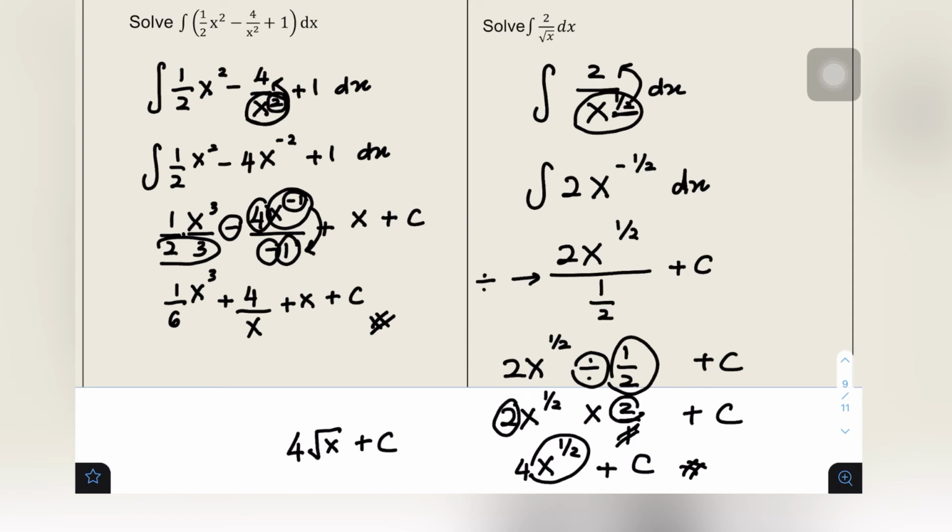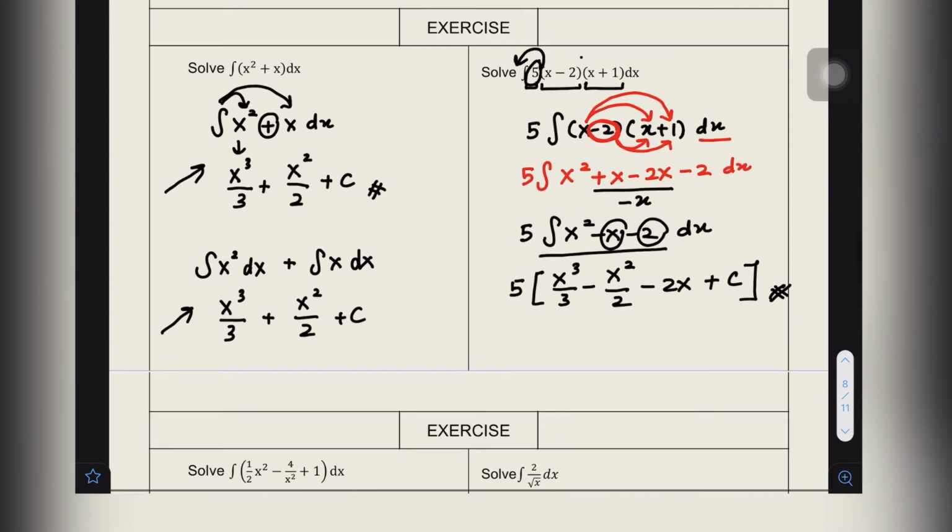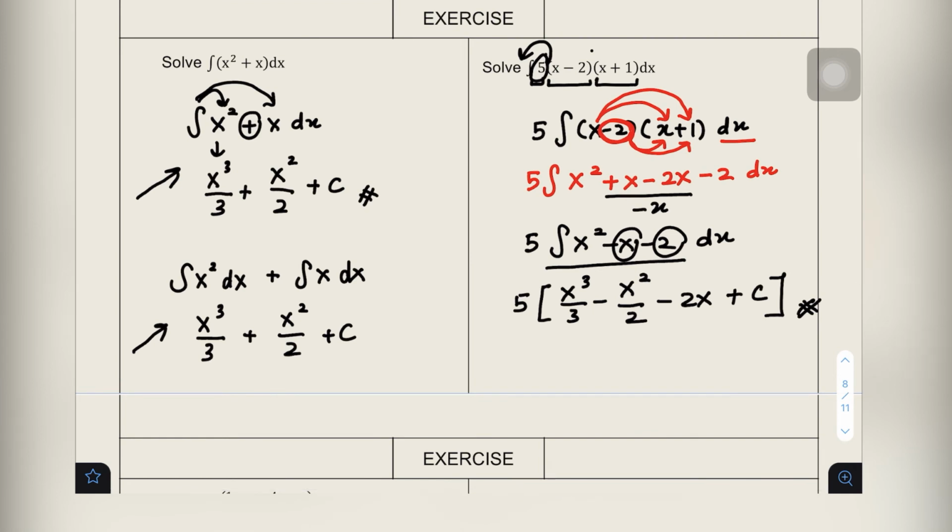So this is how you use the knowledge of integration to find the integration of some function. What if we have the definite integral for the same equation? Let's say you have been asked to integrate x squared plus x.